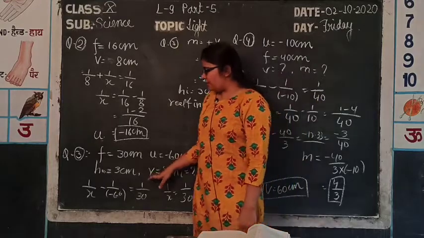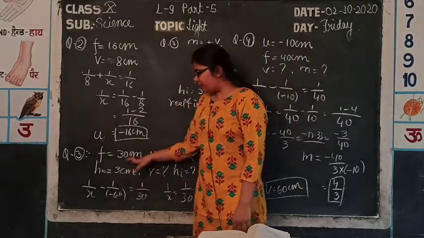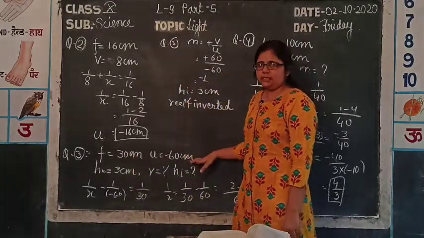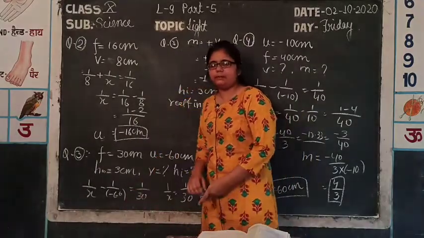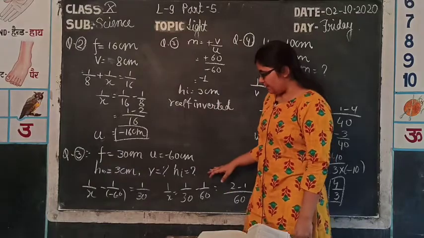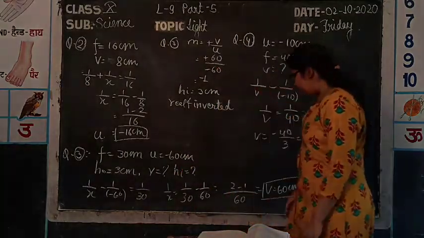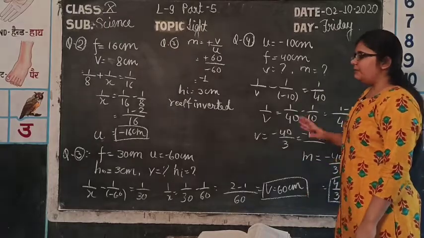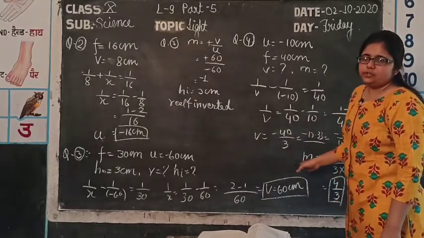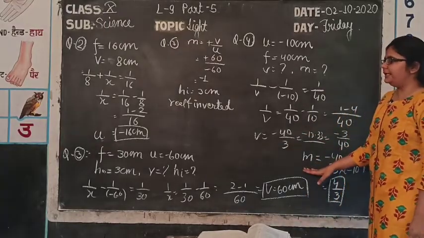First of all, you will put the values of focal length and object distance in the formula of lenses: 1 by V minus 1 by U is equal to 1 by F. By putting the values, you will get the distance of image, that is 60 centimeter, and that will be towards the right hand side. So, the image formed will be real and inverted.